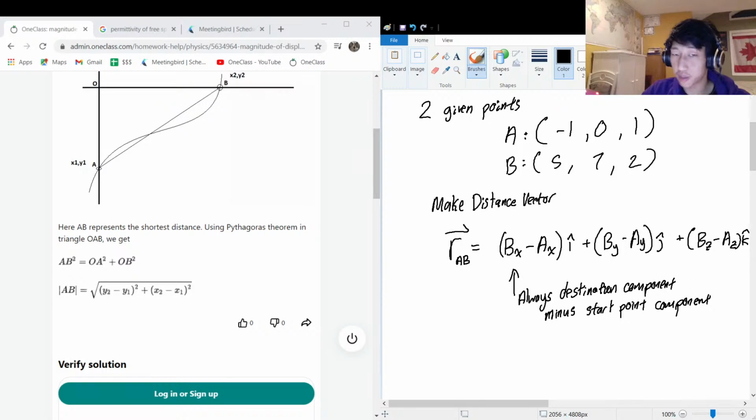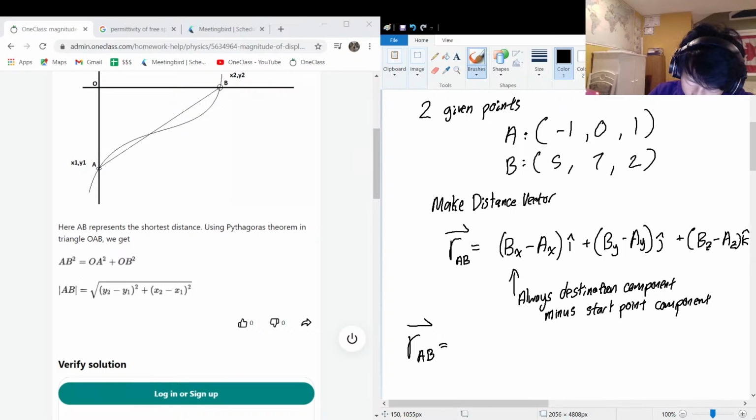So you see on the vector we specify AB, the vector from point A to point B. Well, A is going to be the start, so A is always subtracted. B is the destination. B is always the non-subtracted, the receiver of the subtraction, if that kind of floats your boat. So let's sub in our numbers and see what goes on here.